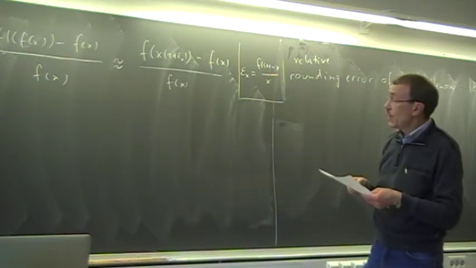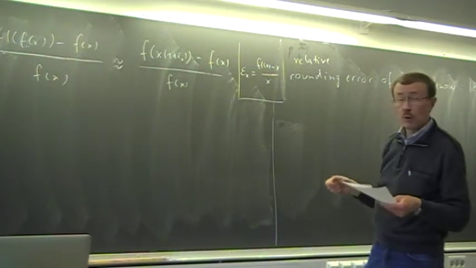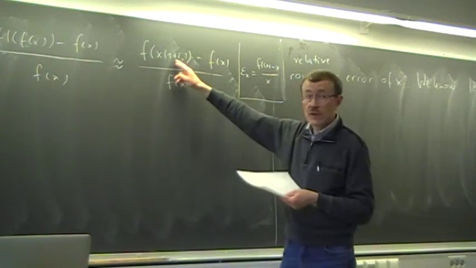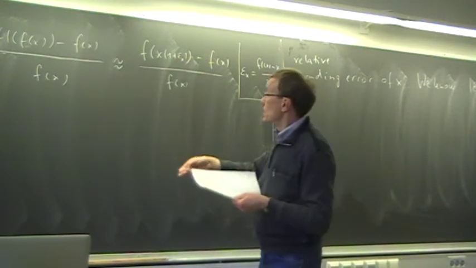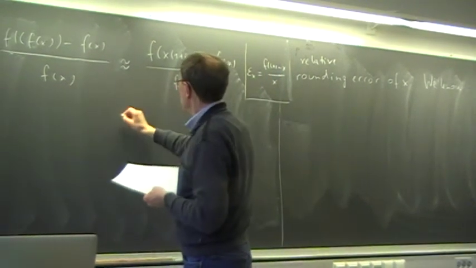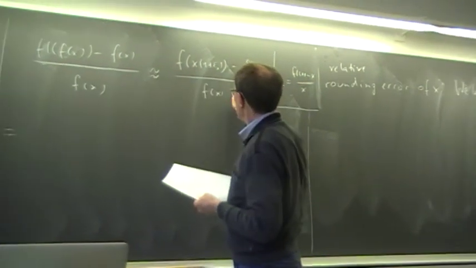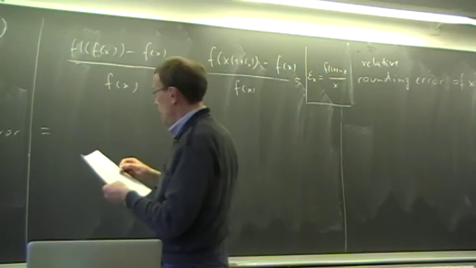And what we can do now is, if we have a smooth function, we can do a Taylor expansion of this. So we continue with this, this is then equal to, and we do now a Taylor expansion.